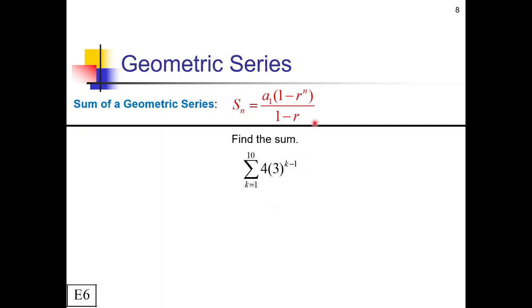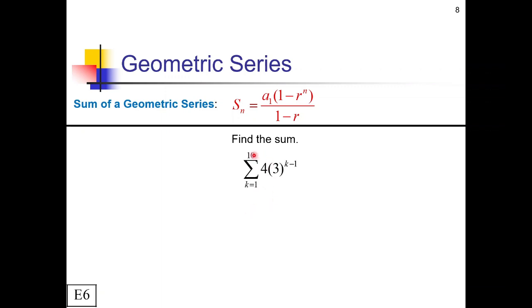All right, in order to make this work, we need to figure out the n, the a1, and the r values, and I'm going to find them in that order. So n, again, if your first term is 1 here, that means your upper limit of summation is going to be the number of terms. If this first k or i value here is not 1, then you'll have to adjust and count accordingly.